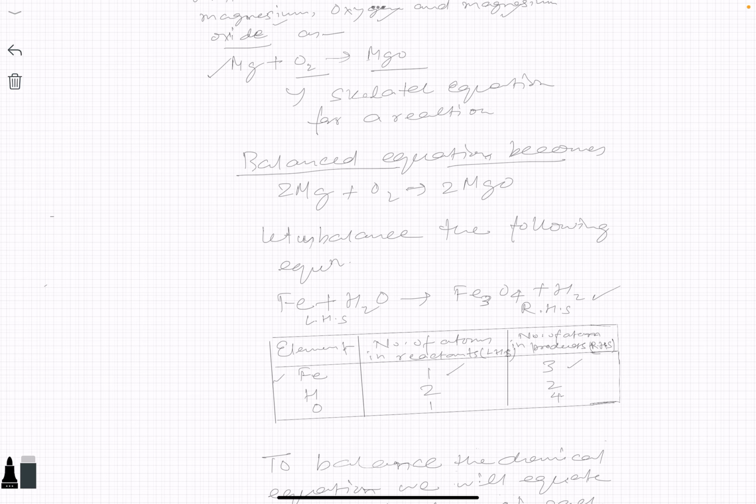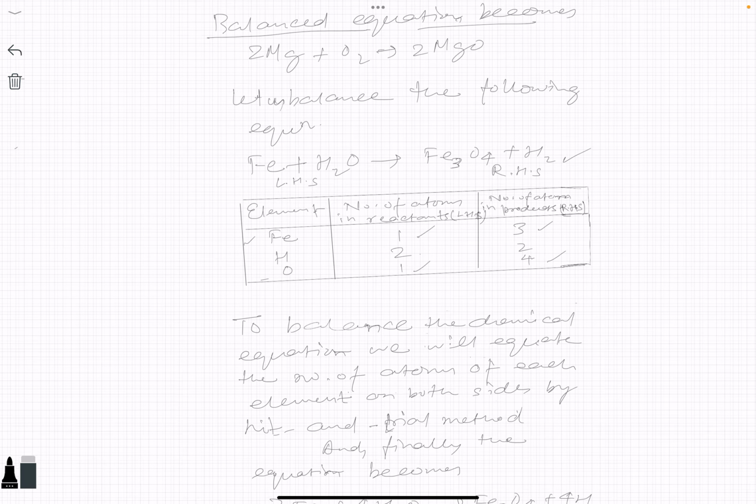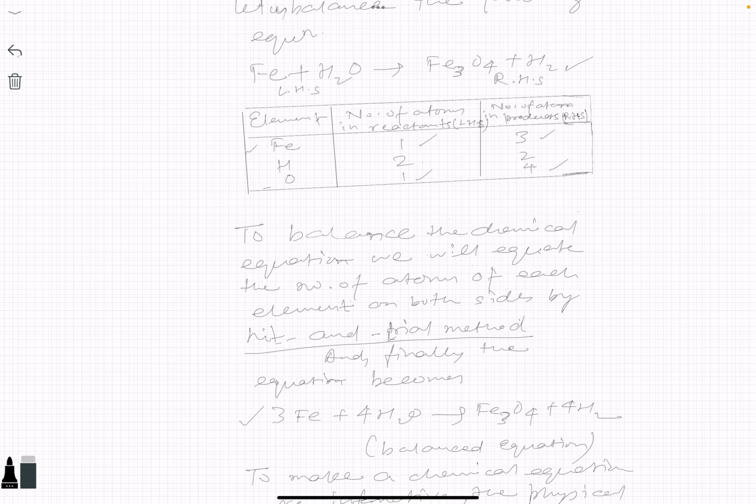For hydrogen it is 2 and here also 2. For oxygen it is 1 and 4. To balance the chemical equation, we will equate the number of atoms of each element on both sides by hit and trial method. And finally the equation becomes 3Fe plus 4H2O gives Fe3O4 plus 4H2. This is the balanced equation.